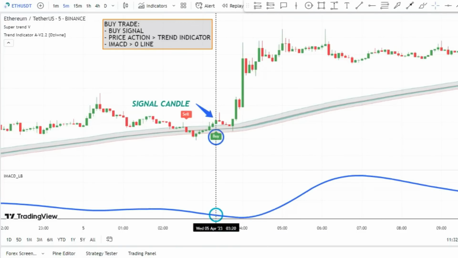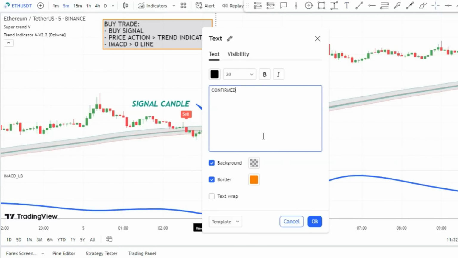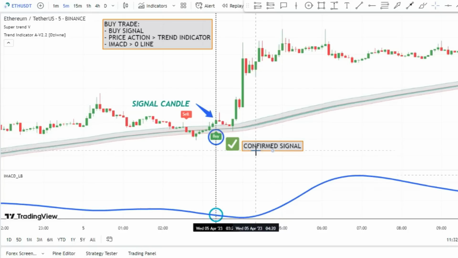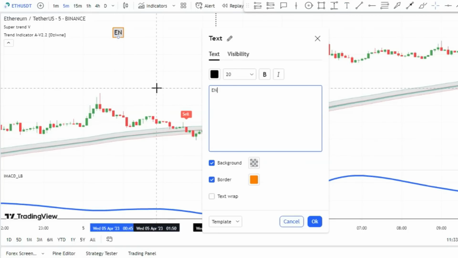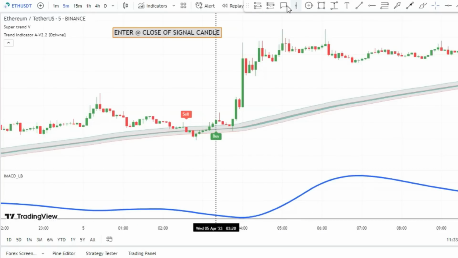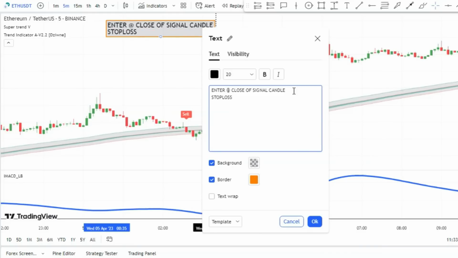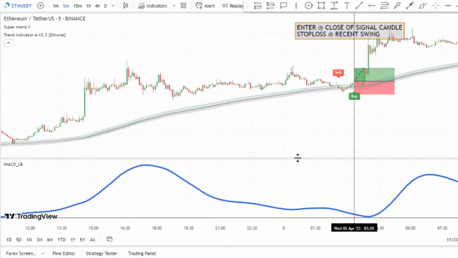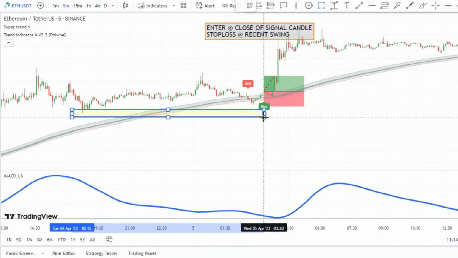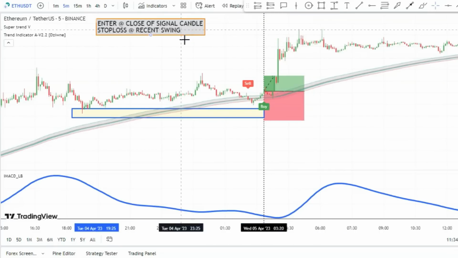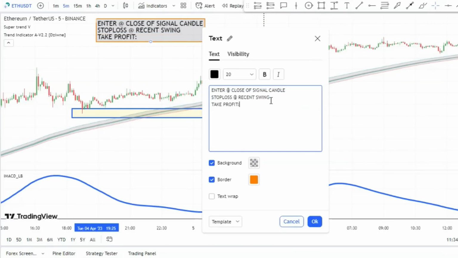So if a buy signal meets all these conditions, it is confirmed a valid signal. So we can enter the trade at the closing price of the signal candle. And next, set the stop loss below the last swing low of the market. Then set the take profit at 1.5 times the stop loss.